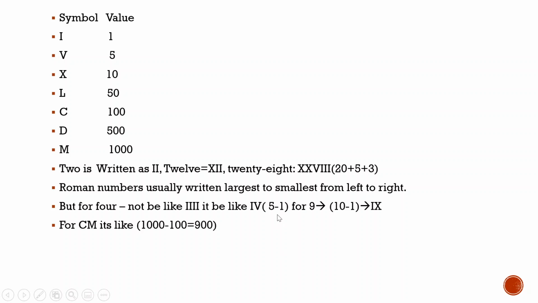For example, consider 4. Generally in Roman numbers we can't write 4 as four I's. The 4 should be written as 5 minus 1.